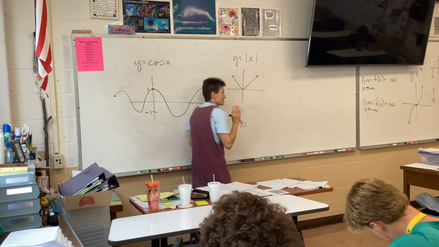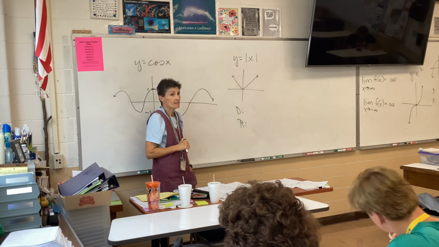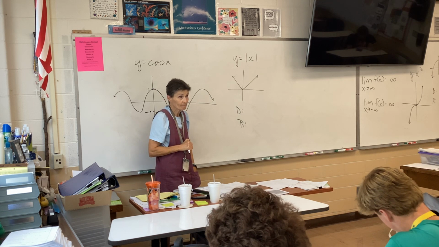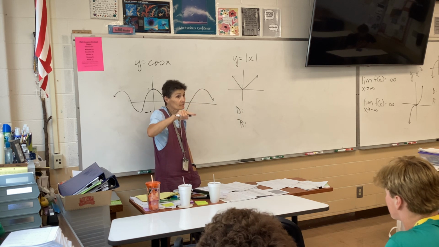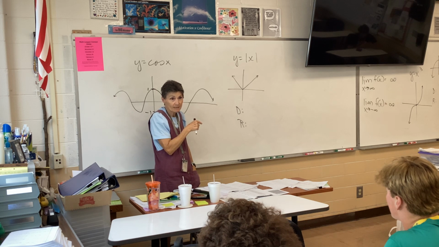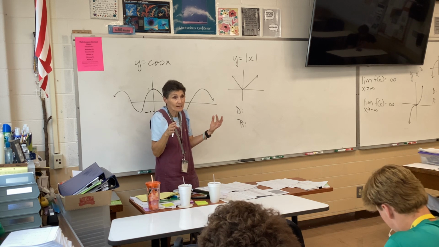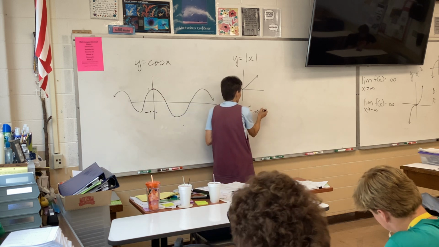It has exactly the same characteristics as the squaring function, because the squaring function is a U and this is a V, but they have the same domain and range and the same end behavior. So your domain is all real numbers.